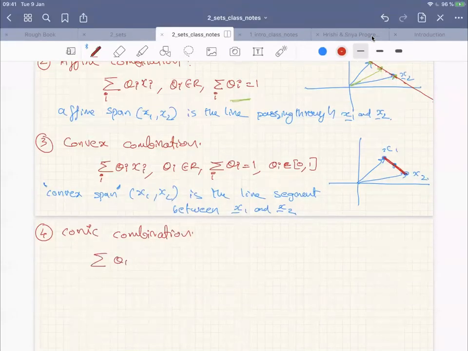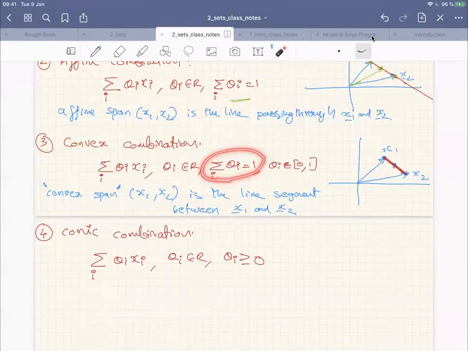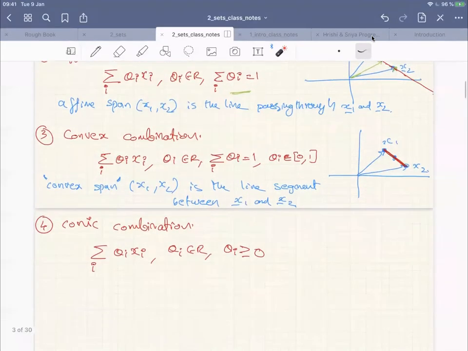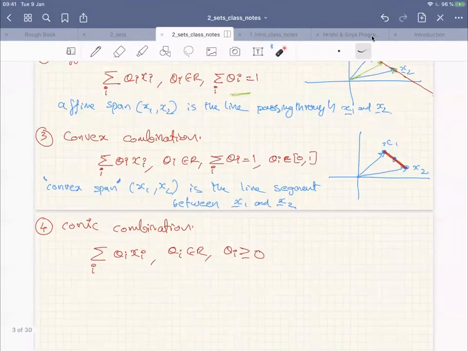It is again a weighted sum of x_i, but now the constraint is that theta_i has to be greater than or equal to 0. Okay, we don't have the constraint of adding up to unity. We only have the constraint which says that the weight has to be non-negative.